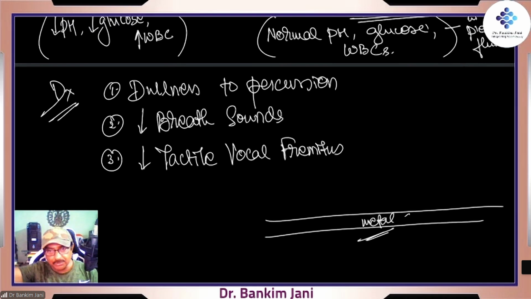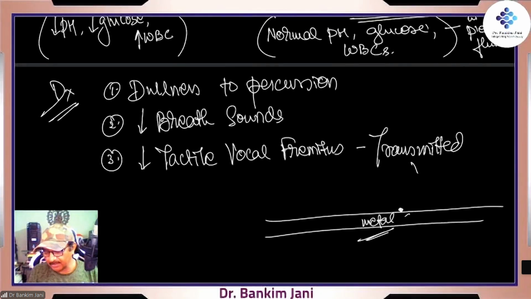So instead of waiting for sound waves through the air, you put your ear on the metal track and you know the train is coming. Same principle. It is what is called fremitus. The technical word is fremitus. It is the vibrations which are transmitted. That is what is called fremitus.